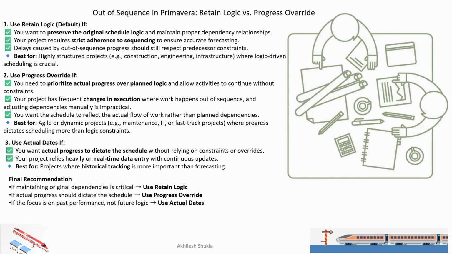And if the focus is on past performance, not future logic, then you can use actual dates. So this is the way you can solve the out of sequence activity with retain logic and progress override. This is the simple concept.